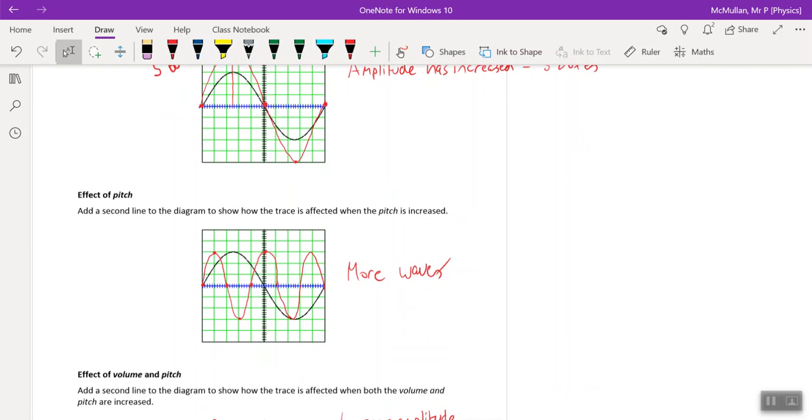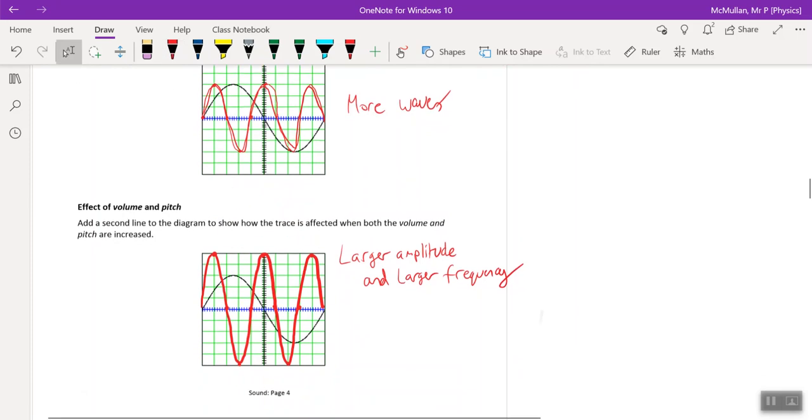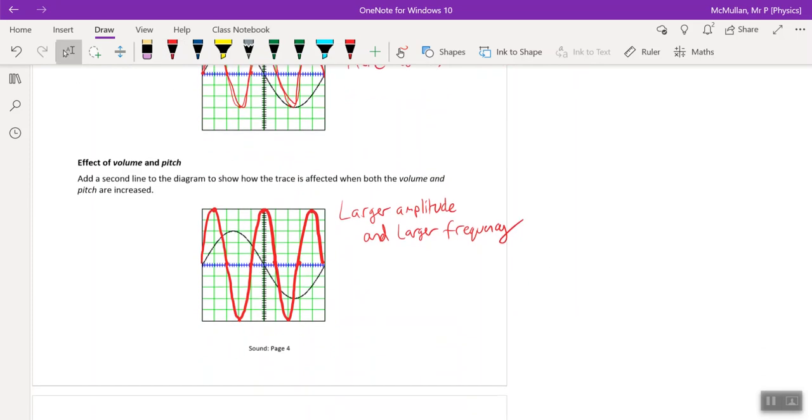So we have gone from 1 wave to 1, 2, 3 waves. Increase in the frequency increases the pitch. If we increase the frequency and the amplitude, we have a bigger wave with more waves in the shot. Larger amplitude and larger frequency.